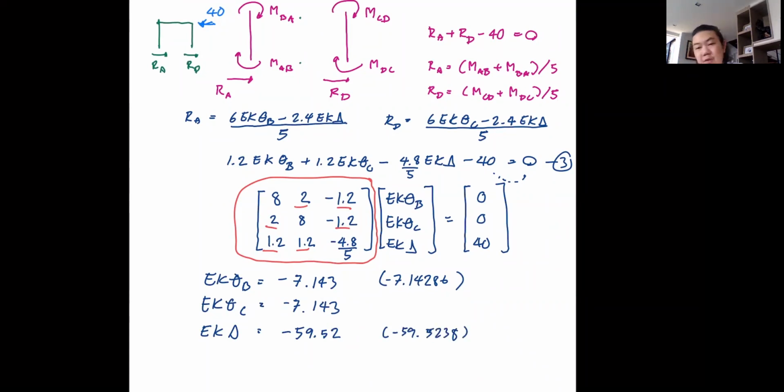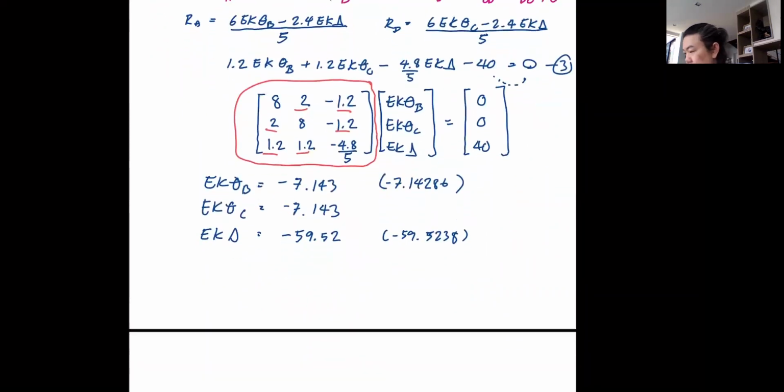Okay, and now you look at the numbers and see if it's possible, before you do anything else. So now I'm just going to sketch this frame shortly here. You have the load pushing it, and EK theta B is negative, which means it is counterclockwise, right?